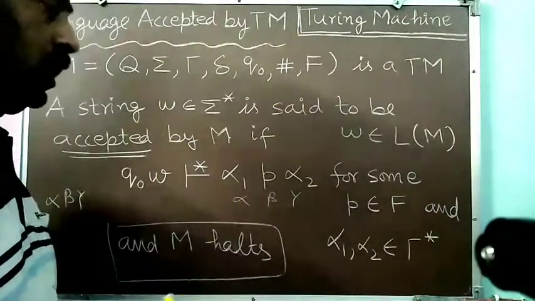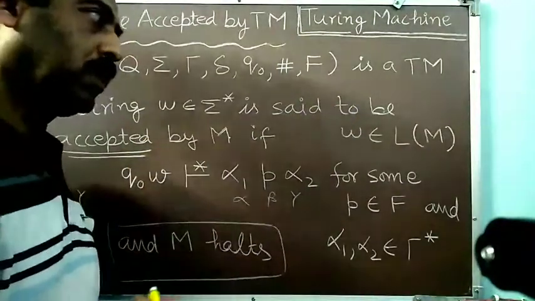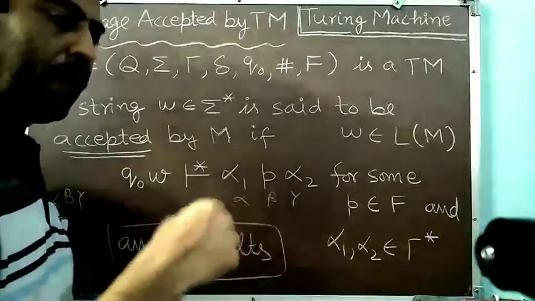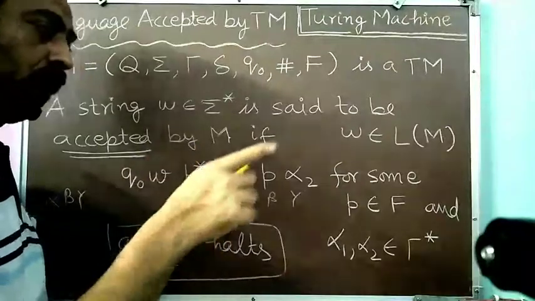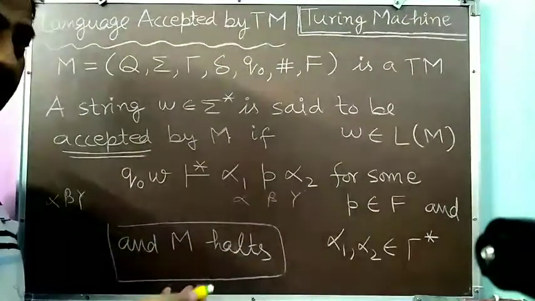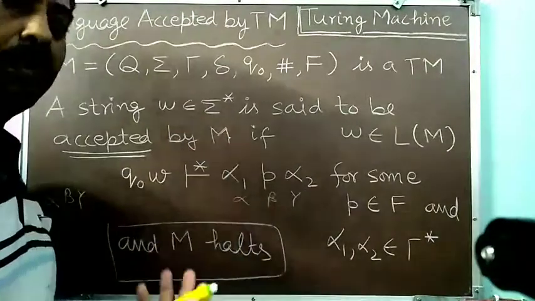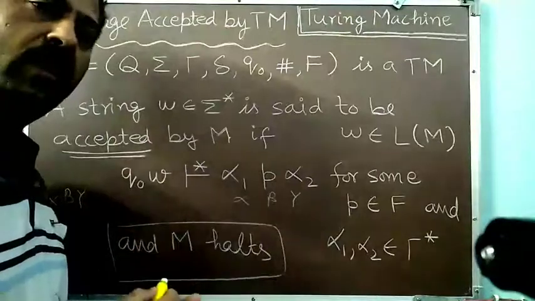Our string W will not belong to the language of the Turing machine if either M does not halt or M halts in a non-accepting state. If M halts in a non-accepting state, the machine is halting, but in a non-accepting state, so W will be rejected. It is similar to the acceptability definition of the finite automaton.